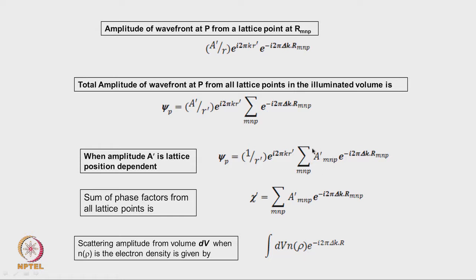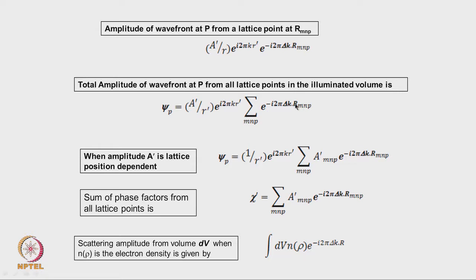In this term, if it depends upon each particular site, this factor has to be within the bracket sigma. If it is independent of the atomic position, then it can be taken out as a common factor. But what is important is this. What is R_mnp? It represents the position of each atom or each lattice point.